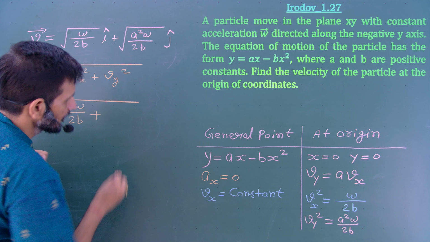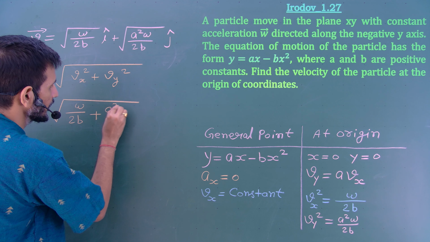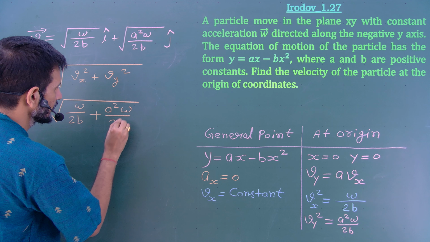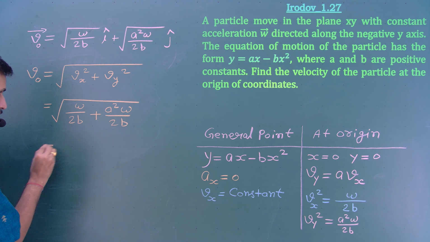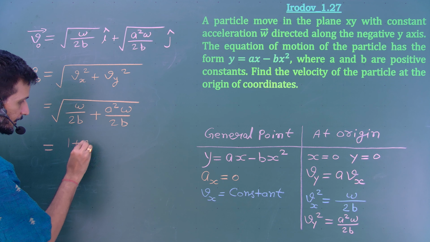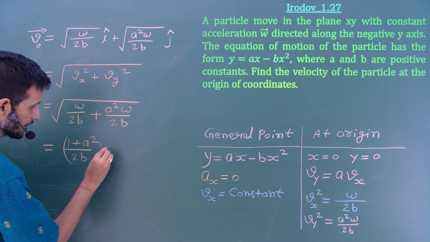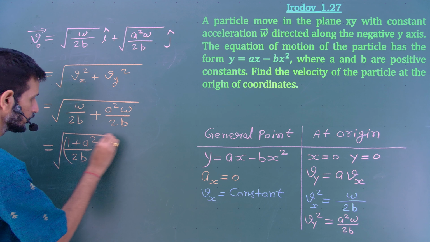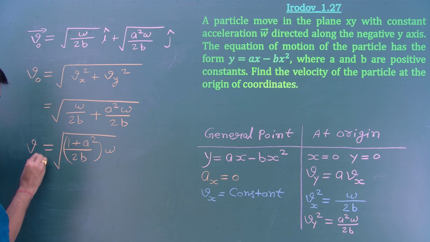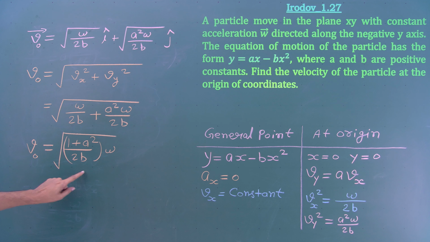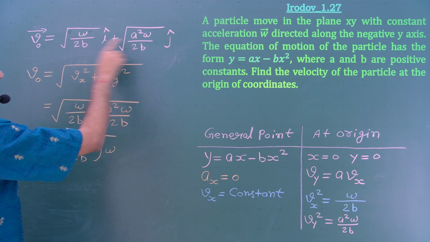What is Vy square? A square omega divided by 2b. So it should be equal to root of 1 plus a square divided by 2b into omega. So the magnitude of velocity at origin is this, and in vector form this is the answer.